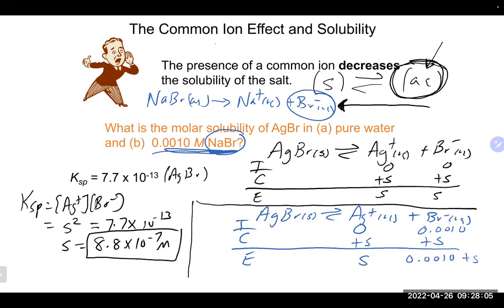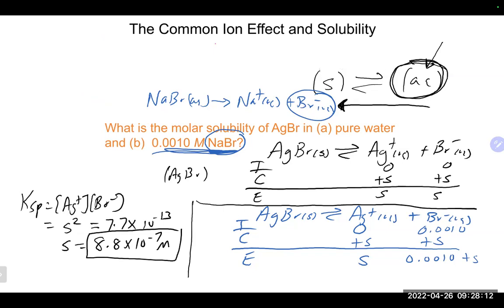Any questions on that so far? We're going to do what we did on the other side, and solve for S. I'm going to get rid of some of that so I have somewhere to write. For this one, the Ksp would equal S times 0.001 plus S, which equals our same Ksp of 7.7 times 10 to the minus 13. Clearly, if I distribute that S, I'm going to do a lot of math that I don't want to do.